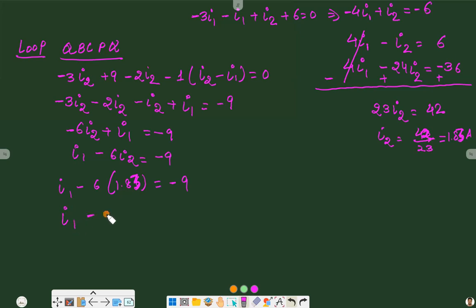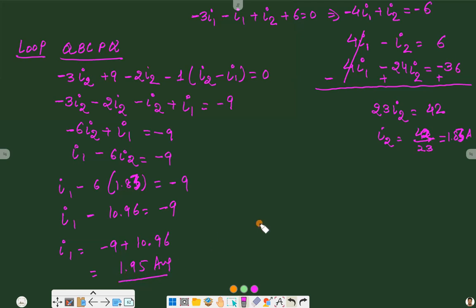So I1 minus 10.96 is equal to minus 9, and I1 comes out to be minus 9 plus 10.96, and what we get, I1 is equal to 1.95 ampere.